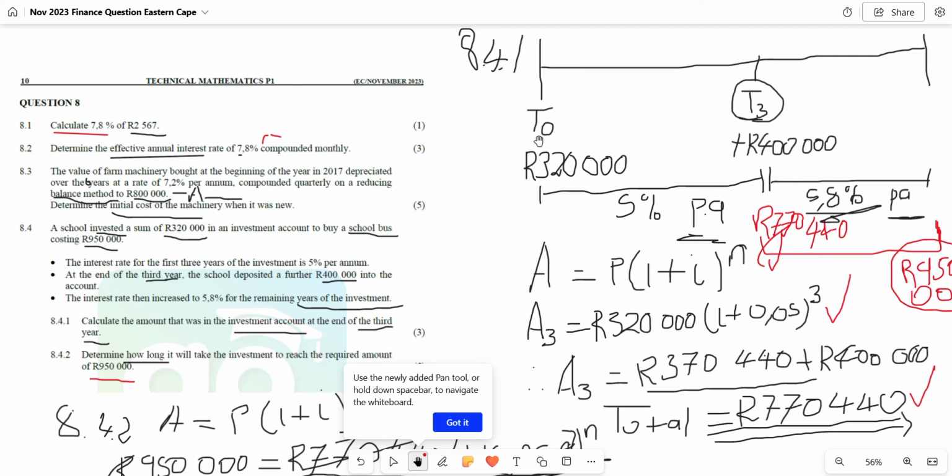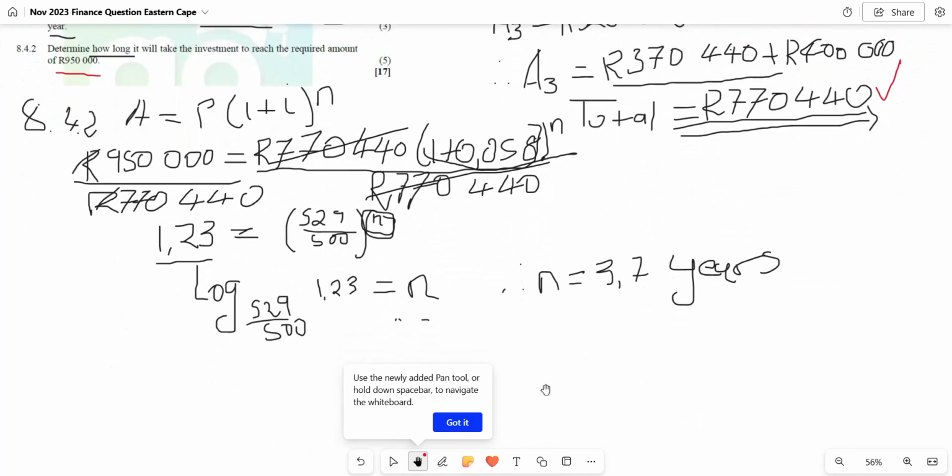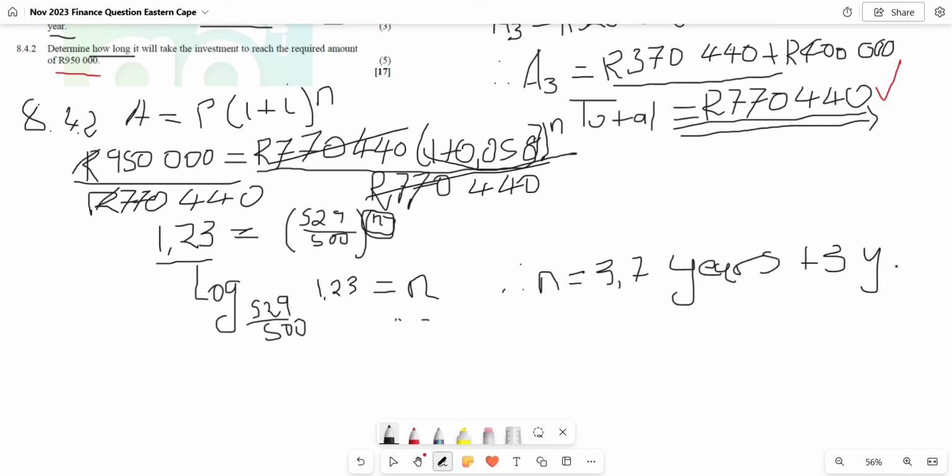But from the beginning, we had the 3 years here. So we need to add that 3 years that was there at the beginning. All in all, from T0, it will take 6,7 years, which is 6 years and 7 months.